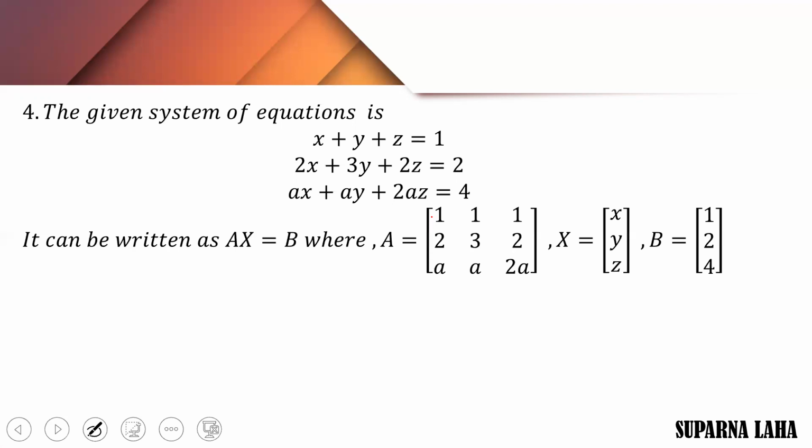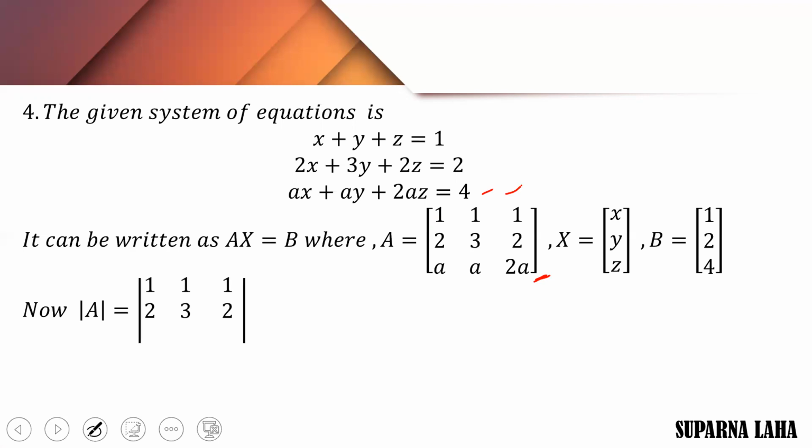Now, you need to check the determinant of A. You can directly expand the determinant and calculate, or you can apply row or column operations and then find the value of this determinant.